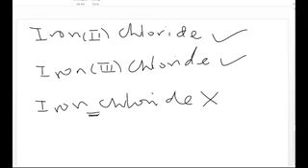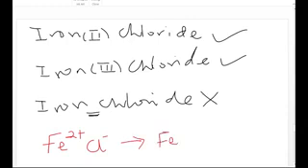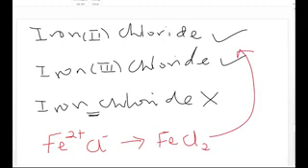Iron 2 means Fe has a charge of 2 plus. Then chloride is Cl negative, so this is going to be FeCl2. This is iron 2 chloride. Do you understand that?